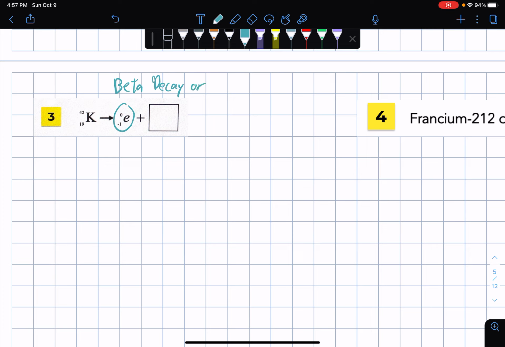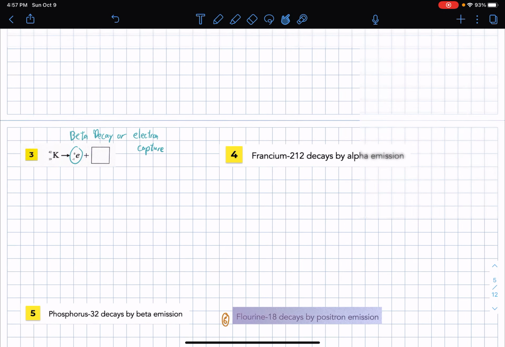Or electron capture. Choosing from the two of them, hang on, I need a few seconds.